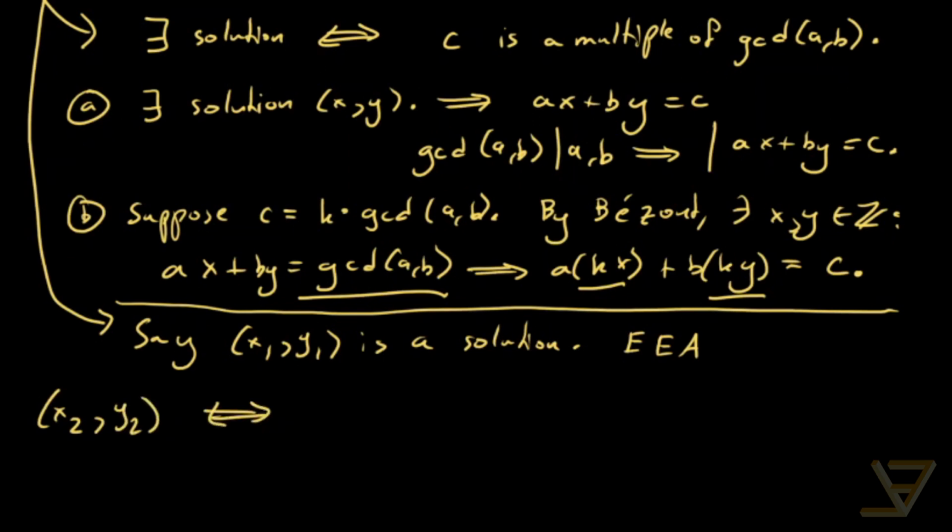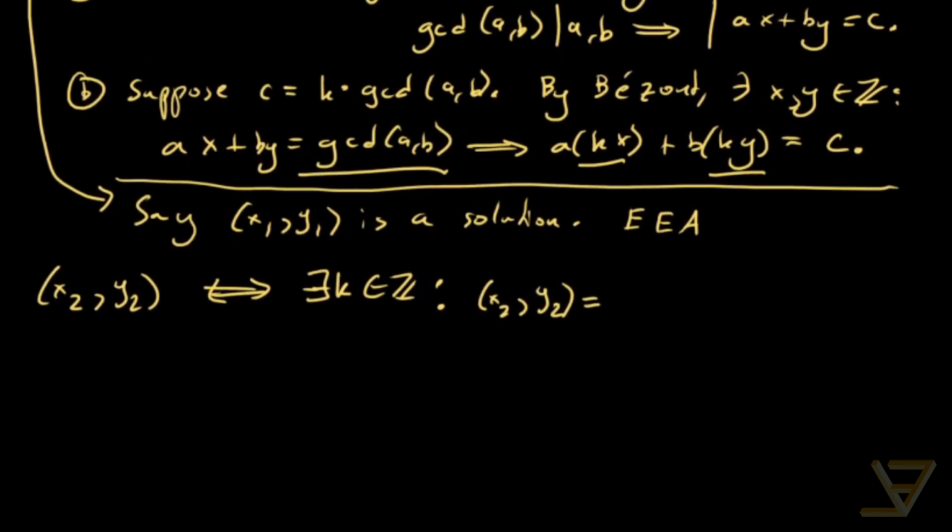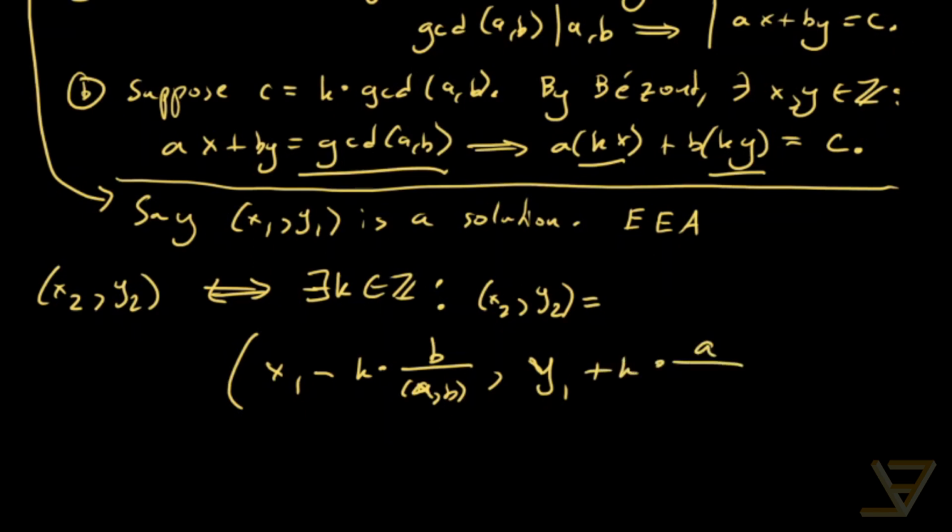It is a solution if and only if there exists an integer k such that x2, y2 is equal to the following form: x1 minus k times b over the GCD of a and b, comma, y1 plus k times a over GCD of a and b.